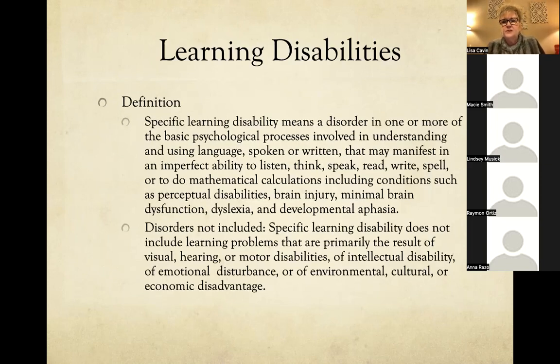So here's our definition. This is what it actually looks like in the law and has since 1975, which is quite a lengthy period of time now. The definition reads this way: specific learning disability means a disorder in one or more of the basic psychological processes involved in understanding and using language, spoken or written, that may manifest itself in an imperfect ability to listen, think, speak, read, write, spell, or do mathematical calculations.